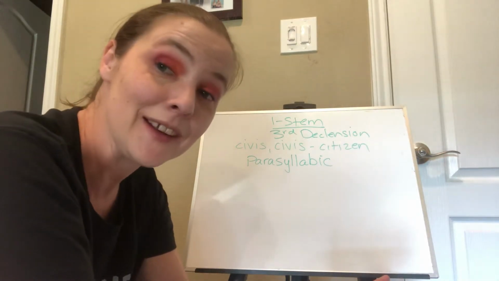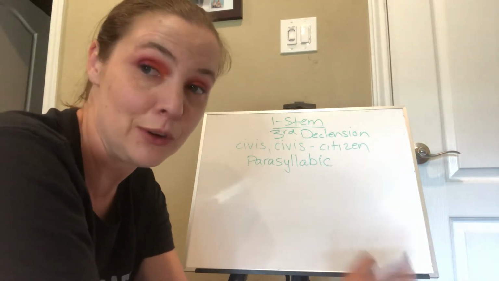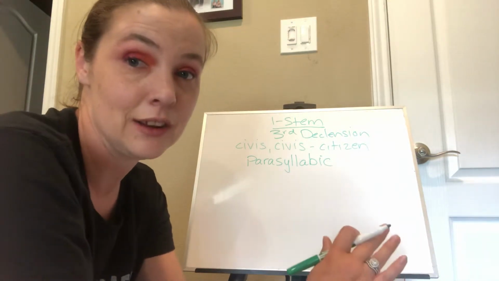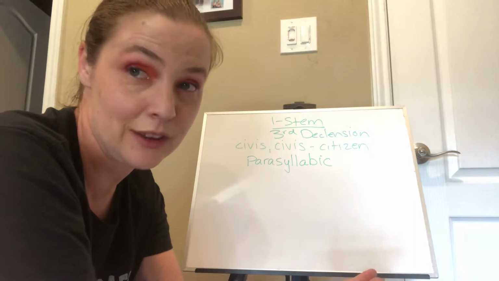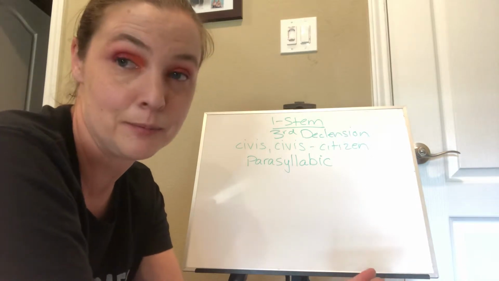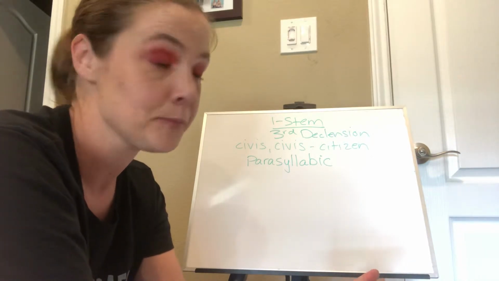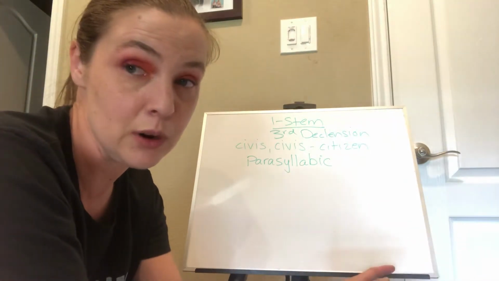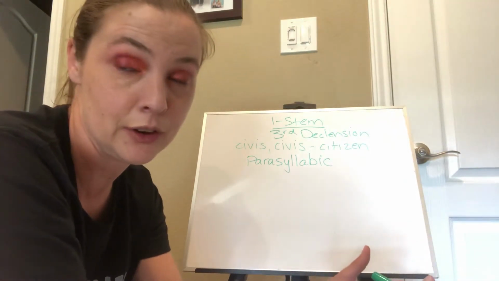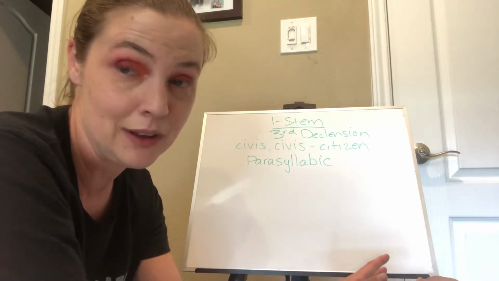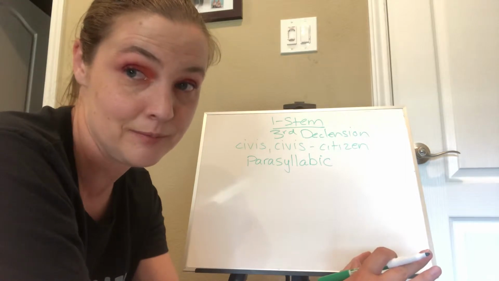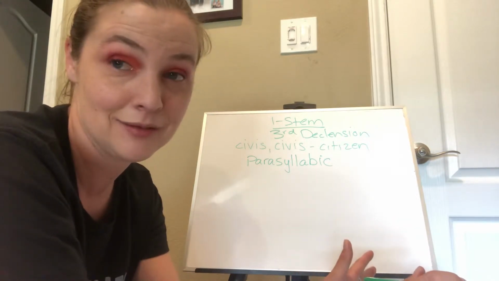When you see that in third declension, you know you're dealing with an I stem. Parasyllabic nominative and genitive singulars mean I stem. If you have different numbers of syllables in the two forms, you have a regular third. If you have the same number of syllables in the two forms, you have an I stem. It's as simple as that.